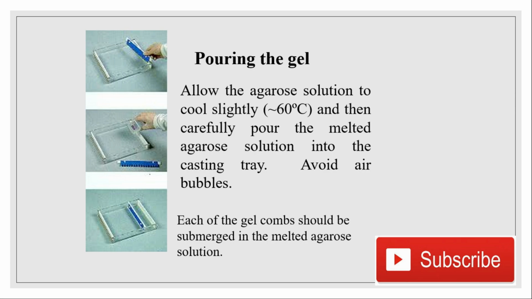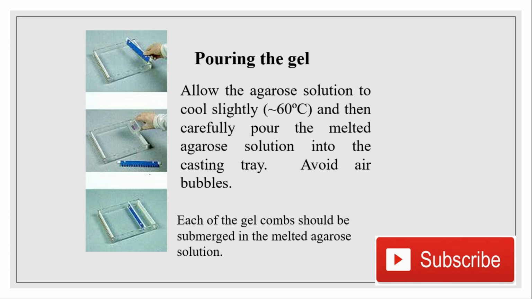Let the gel cool in the flask to a temperature of about 60 degrees. At this stage you can add the staining material. If you are using ethidium bromide, you will not use the staining material at this stage, but if you have a staining material other than ethidium bromide, like acridine orange and others, I will discuss that later at the end of this video.